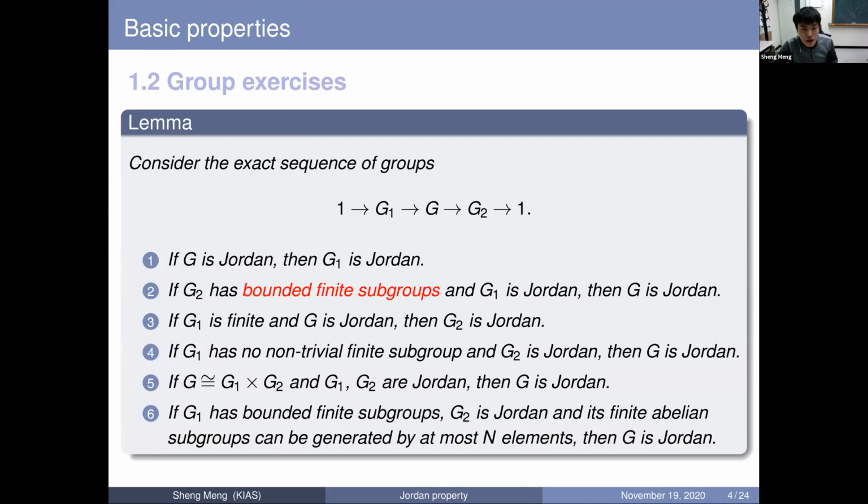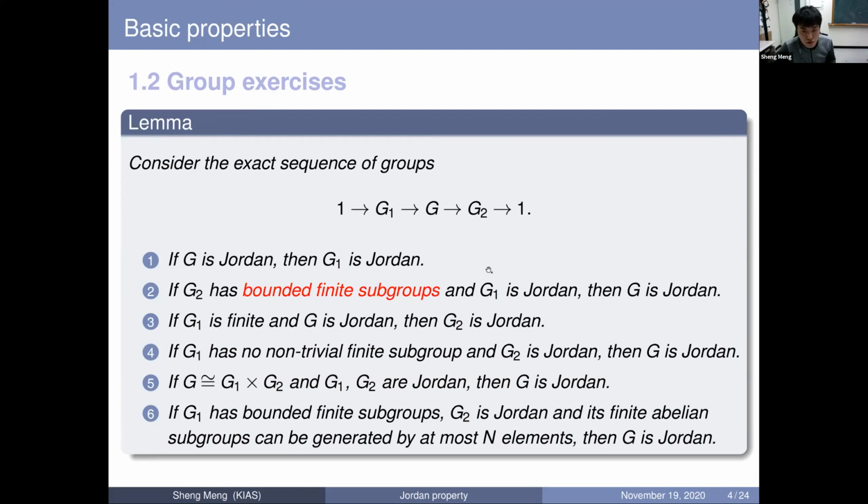Here are some purely group-theoretic exercises. We consider an exact sequence of groups. First, we see that if G is Jordan, then a subgroup is always Jordan.